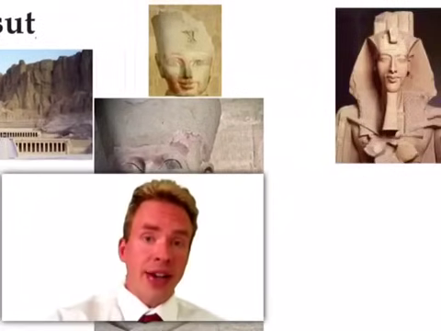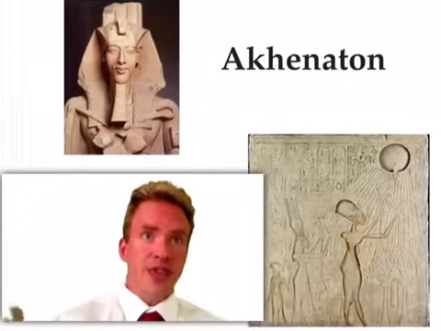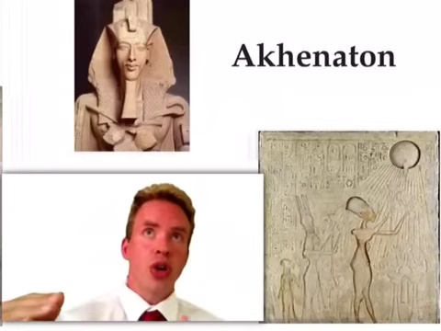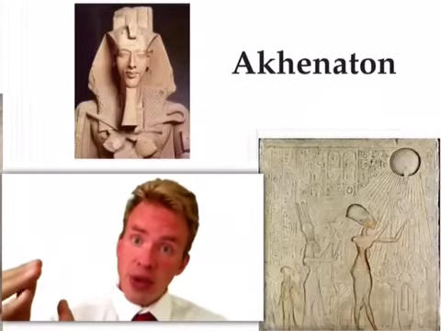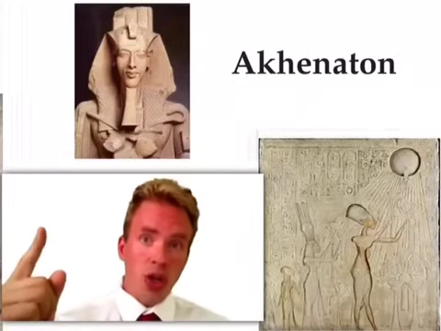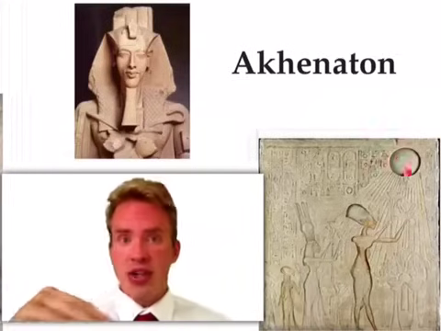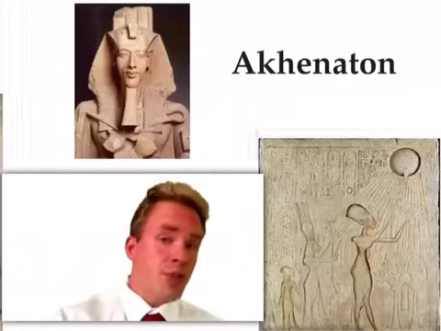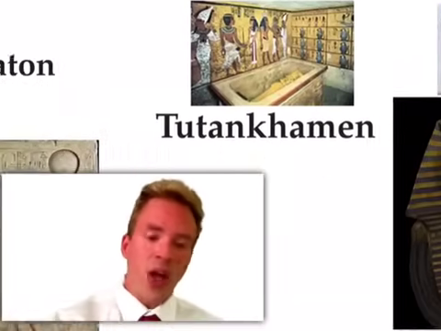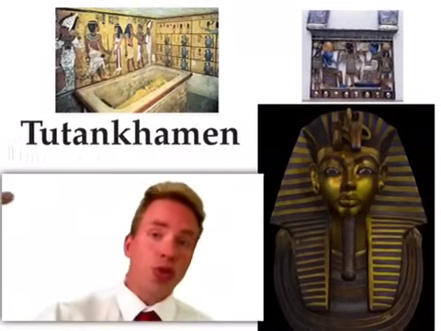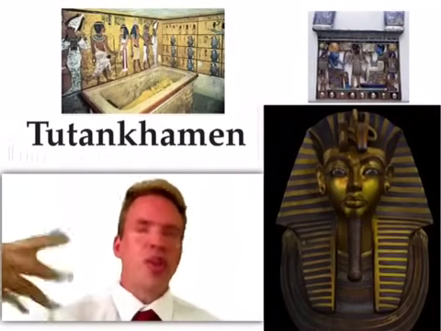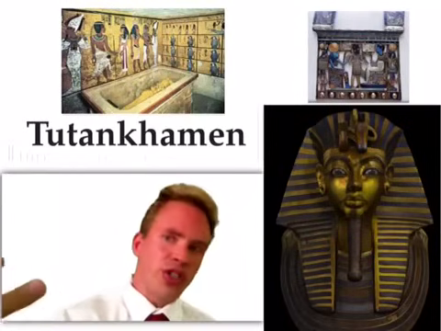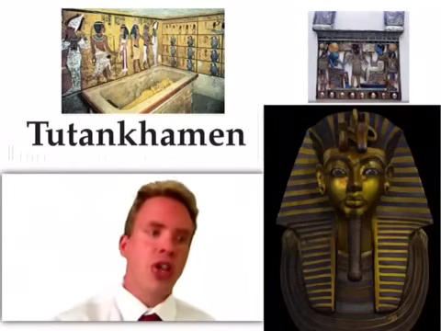The pharaoh Akhenaten is very famous for his attempt to change the Egyptian religion and make it monotheistic, to focus only on the worship of the sun god and to get rid of all the other gods. Ultimately, Akhenaten is unsuccessful. After he dies, King Tutankhamun, another pharaoh you're probably familiar with, reinstates all the other gods and brings the religion back to its ancient roots.